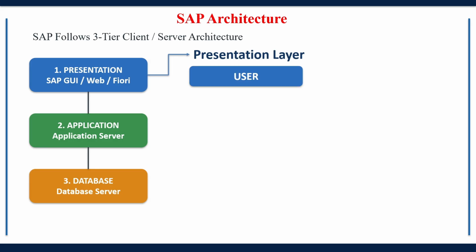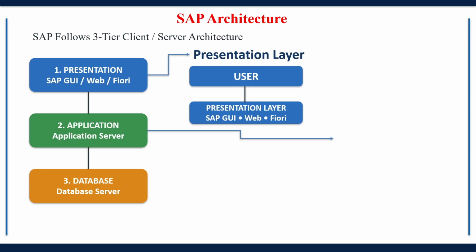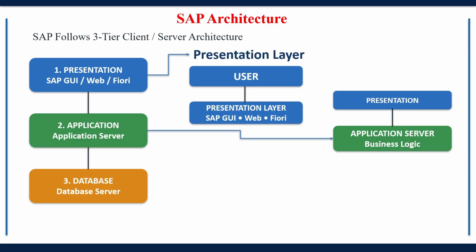The second layer is the application layer. Here the application layer handles the business logic when the program is executed in the application server. The third layer is the database server. The database layer stores the data, like master data, transaction data, and application data.